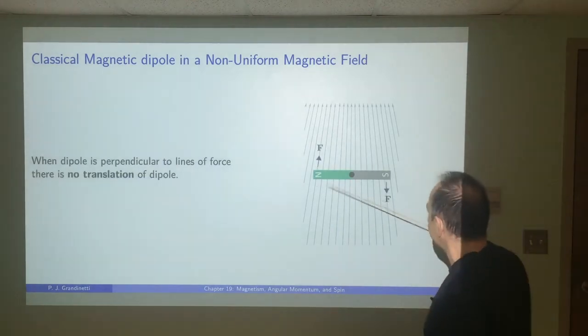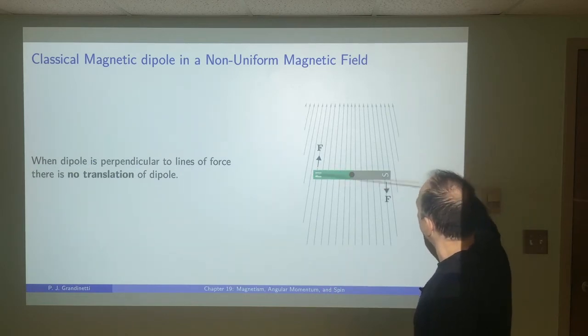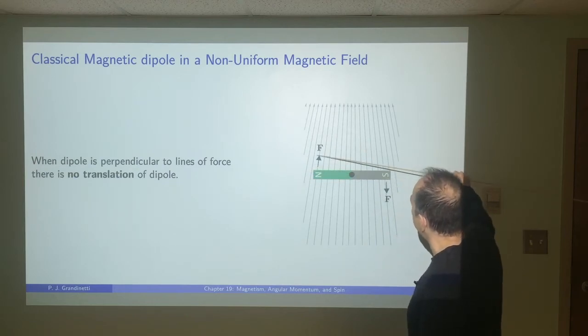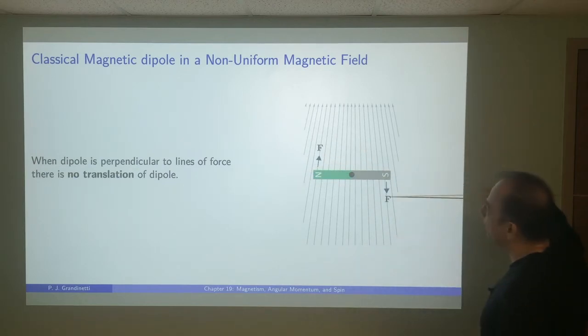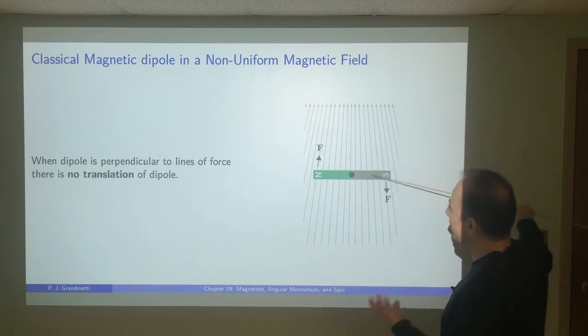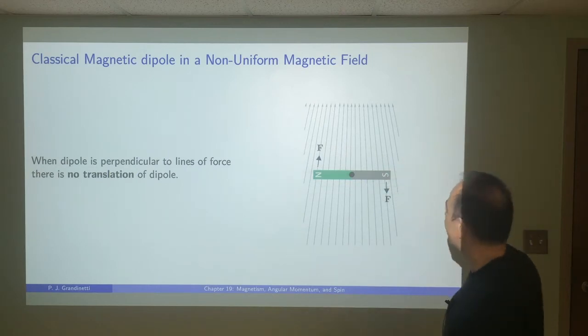And in this case, we have a situation where the magnetic dipole is perpendicular in this gradient. And so the force on the North Pole and the force on the South Pole in this particular configuration happen to be equal. So in this case, there is no net translation of the dipole.